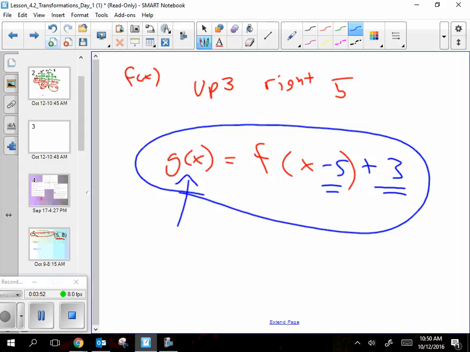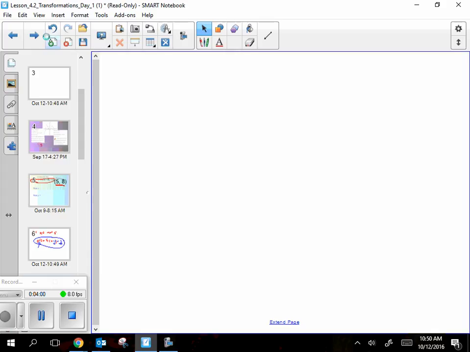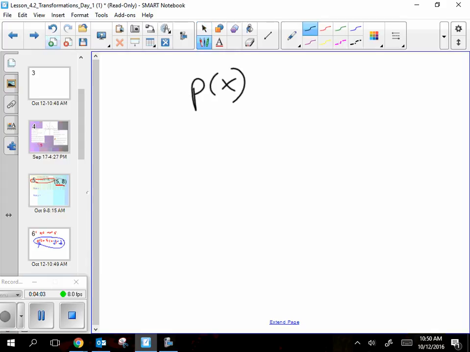That's what that means. Okay. So if I gave you one like this, p of x is going to be, take your old f of x function, times it by 2, move it 3 to the right, and down 7.